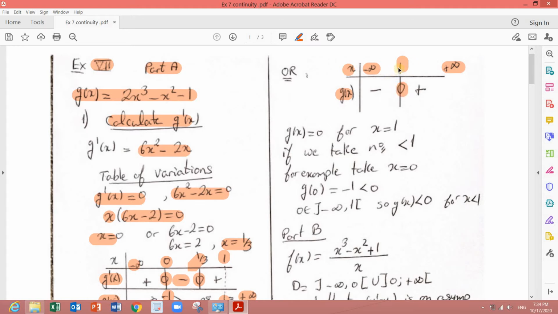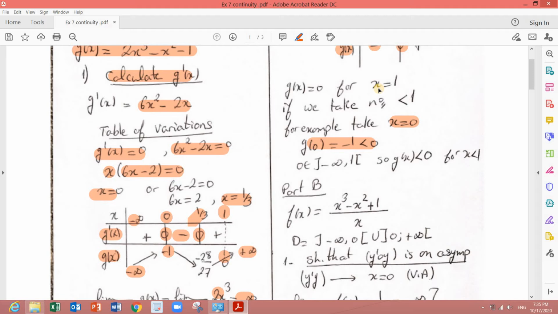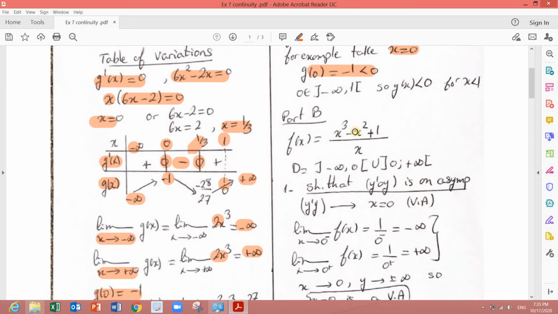To know the sign, I take a number smaller than 1, like 0. 0 belongs to the interval minus infinity to 1, and I replace it in g of x. g of 0 equals minus 1, negative. So here it is negative, and in the second interval it is positive. So g of x is negative for x less than 1 and positive for x greater than 1.